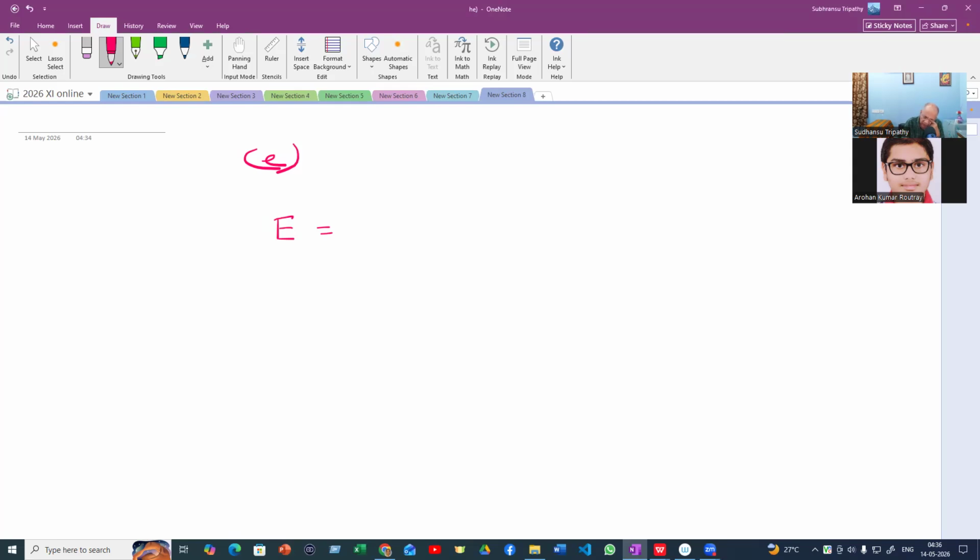Whatever it may be, condensing it to the simplest form using K as the constant, whose value is 2.18 times 10 to the power minus 18 joule. Sir, 13.6 eV. What is the equation? Minus?